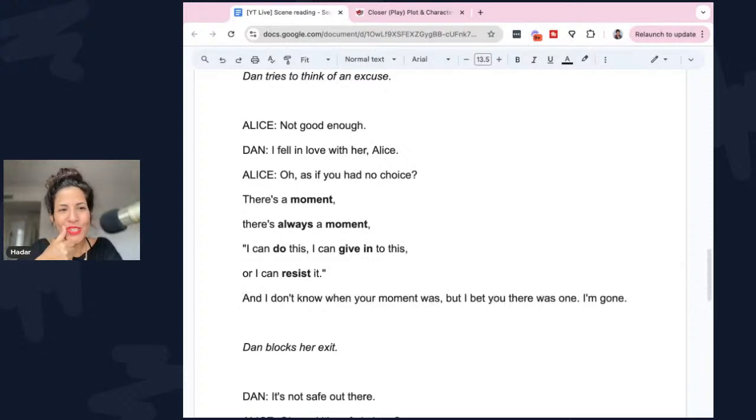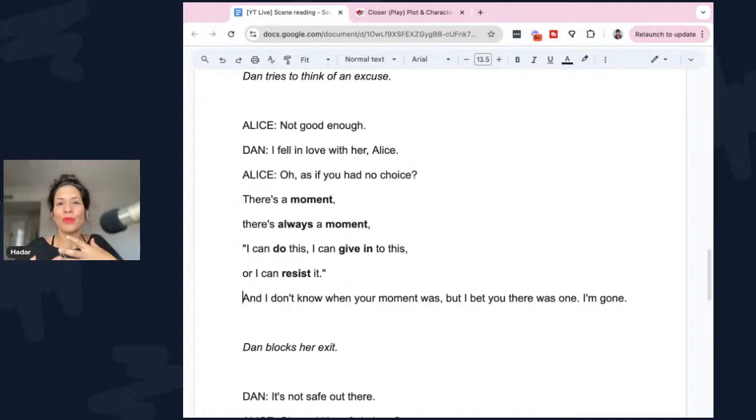Do you guys know what she's talking about? Have you ever had that feeling of being on the verge of doing something that you shouldn't be doing? And there is a moment where you say to yourself, I can do this. I can give in to this, or I can resist it. And usually human nature gets us to actually do it instead of resisting it.